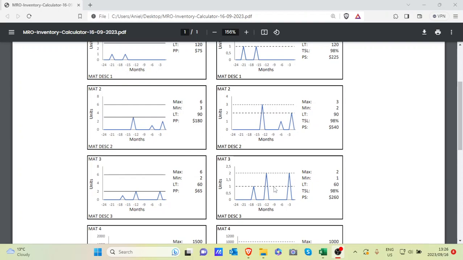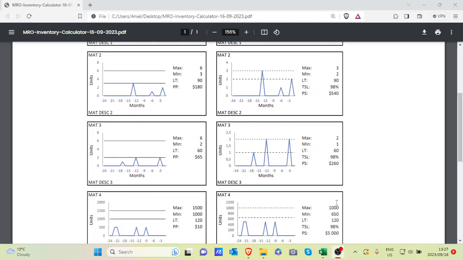The calculator suggests that we can get away with a maximum level of 2 and 1 if we target a service level of 98%. And the potential saving in this case is basically 4 units, 6 minus the 2, times the purchase price of the material, which gives us $260.